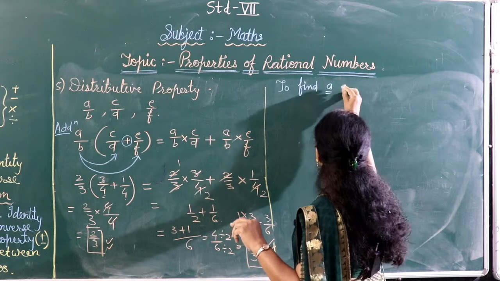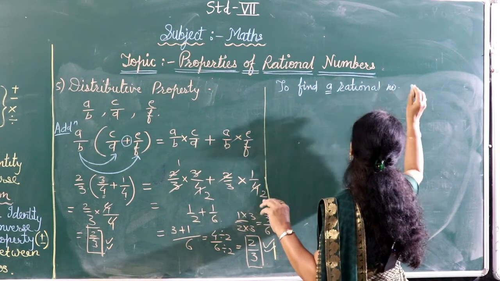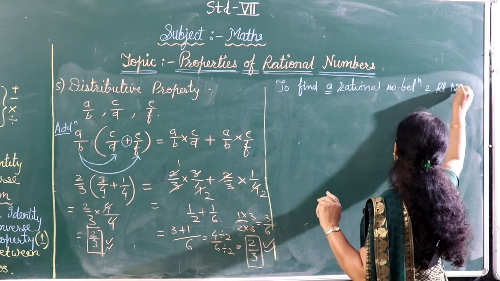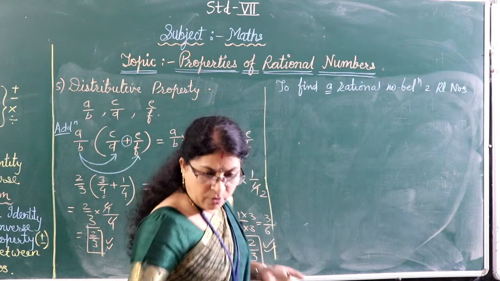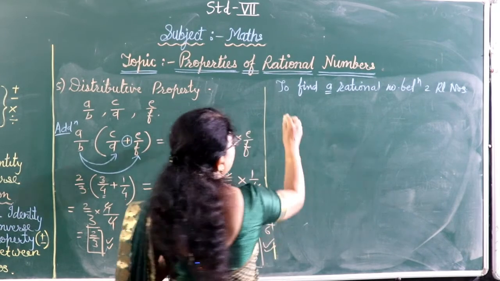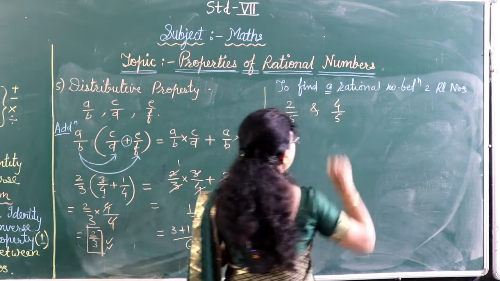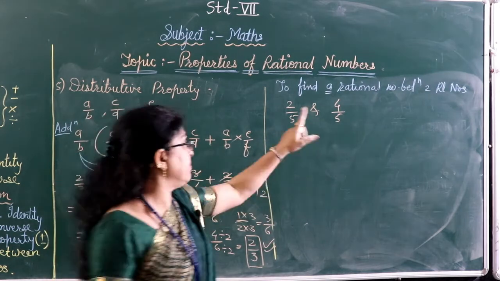First we will see how to find only one rational number between two rational numbers. Just for example, suppose I have two rational numbers, 2 by 5 and 4 by 5, and I am asking you to find the rational number that lies between these two.